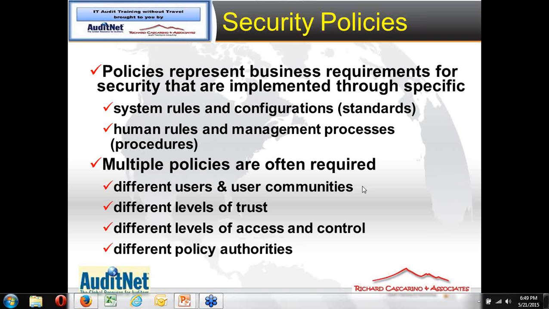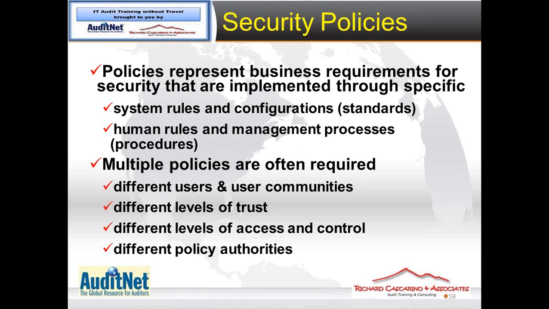And for most organizations, you're going to have multiple user communities, some in-house, some on the other end of the world, some coming in via the internet, some outsiders coming into library systems via the internet, each one with a different level of trust, different levels of access and control, with different policy authorities.